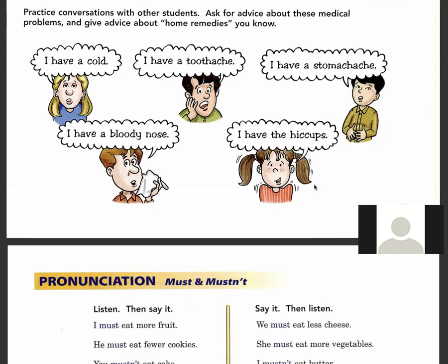Good. I have a bloody nose. I have the hiccups. Hiccups. Good.